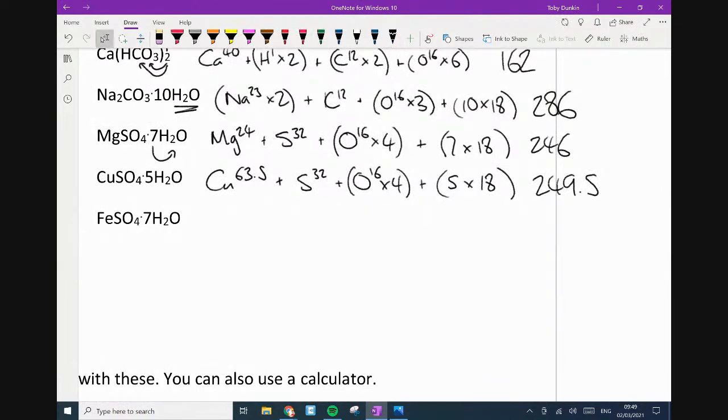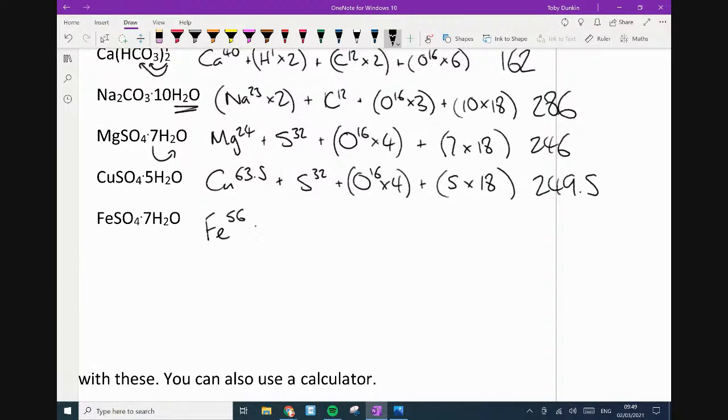Right, hydrated iron 2 sulfate. And it's iron 2 because sulfate is SO4 2 minus. Therefore, iron must be Fe2 plus to cancel out the charge. Water has no charge. But it makes no difference for the MR, or the RFM in this case.